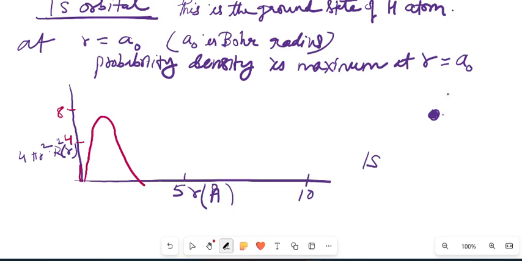Then as you go to the distance where the 1s orbital is located, we have the maximum probability of finding the electron, indicated by the maximum in this graph. This distance is the Bohr radius, a naught.